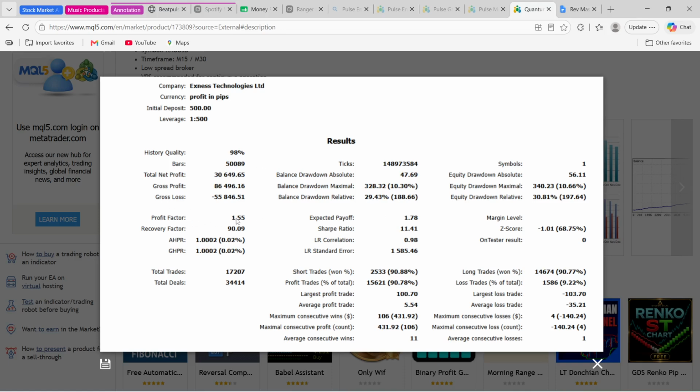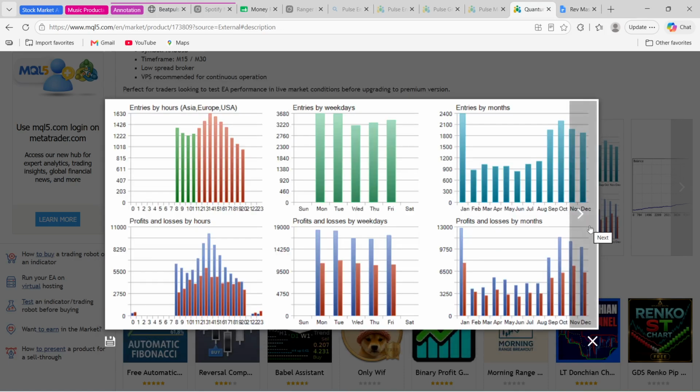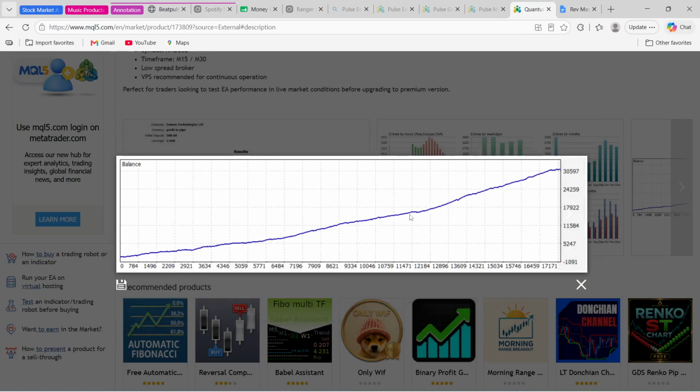The profit factor was 1.55. The balance drawdown was 10.30%. Let's take a look at the equity curve as well. Okay, we can see how it moves upwards smoothly in kind of like a 45-degree angle line. So taking this at face value, it looks like the EA performs relatively well.